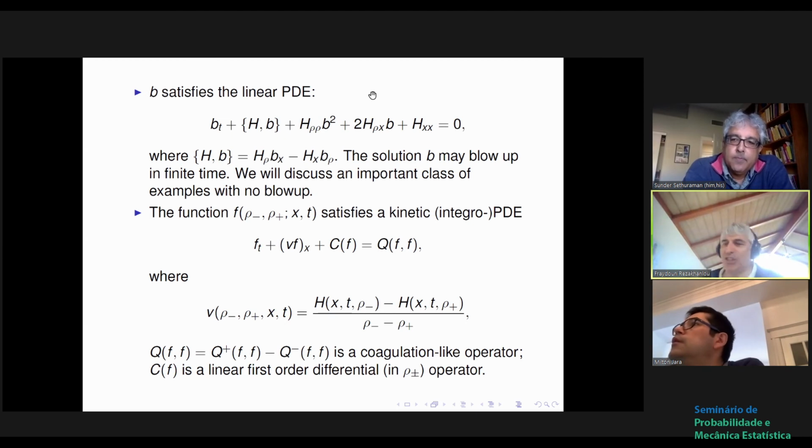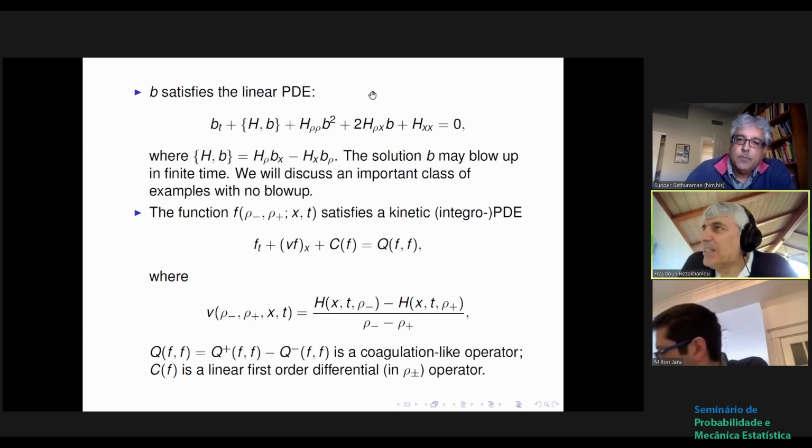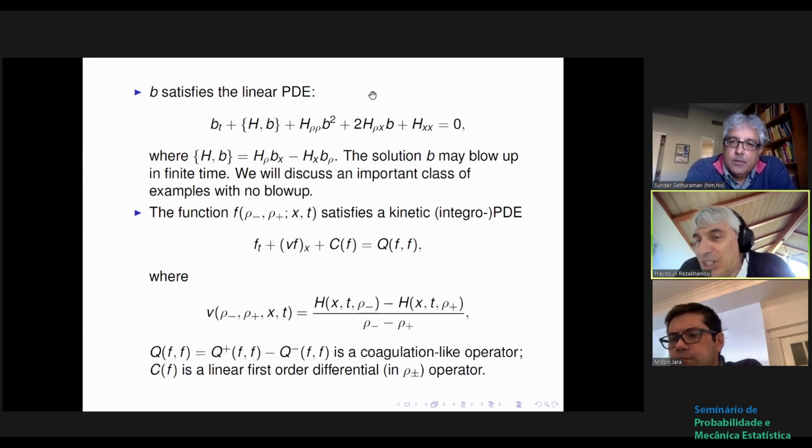That's a very interesting question. Let's see how I can put it. If you allow H which is not convex, then you can have a situation when two particles meet.